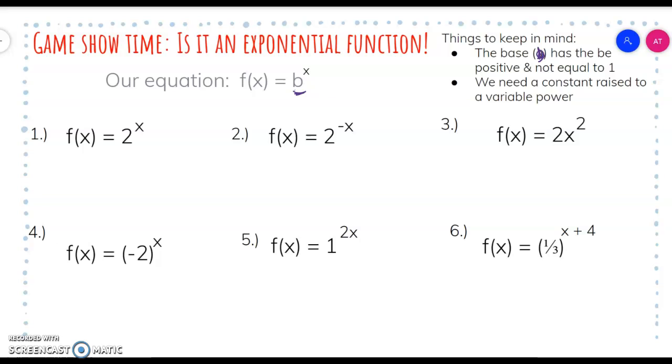Another thing, it also cannot be equal to 1. Remember, we talked about that. It can't be equal to 1 because it's just going to continue on forever. And it needs to have a constant raised to a variable power. So that means a number, which is a constant, my base, raised to a power. So I have to have an x somewhere along there.